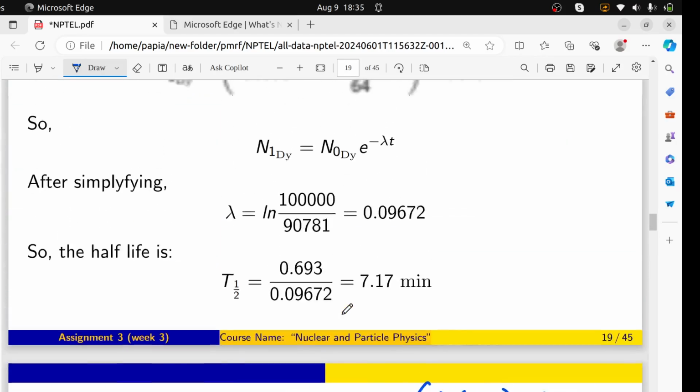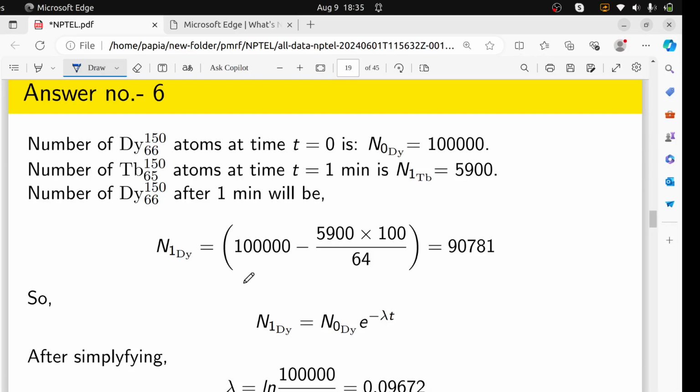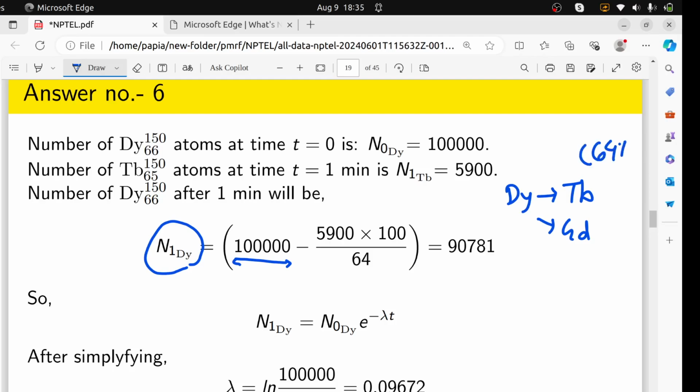Now I will go here because yes, 1 lakh is there. N1 Dy means Dy is going to TB and GD, but as for TB it was 64%. We will focus only on this part.